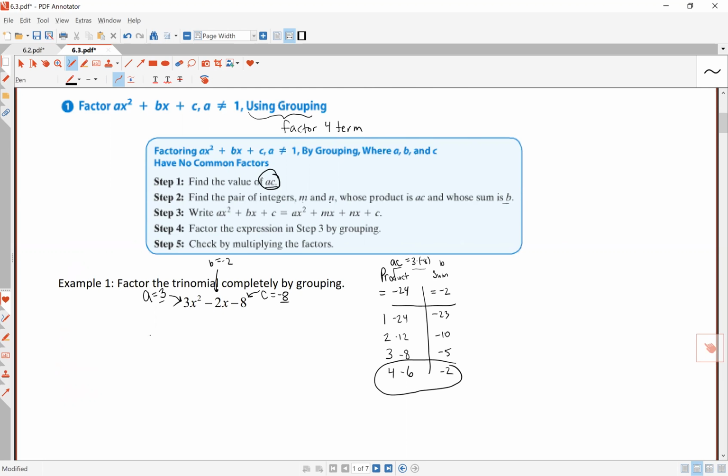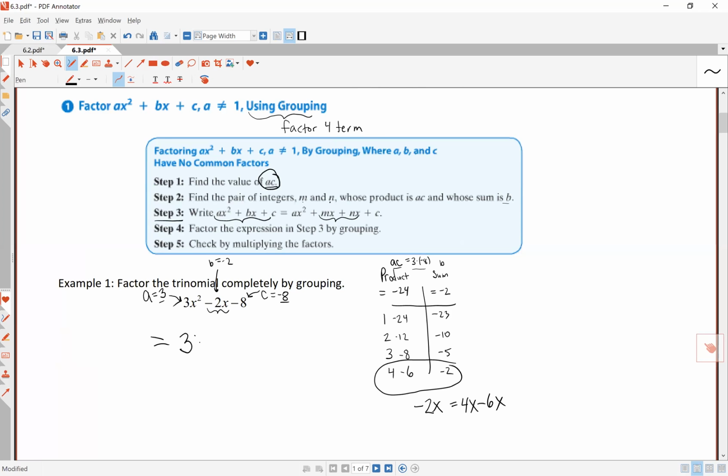Then we have step 3: write our trinomial using the m and the n in the middle. We chose 4 and -6 because they have a sum of -2. That means we can replace -2x in our trinomial with 4x minus 6x.